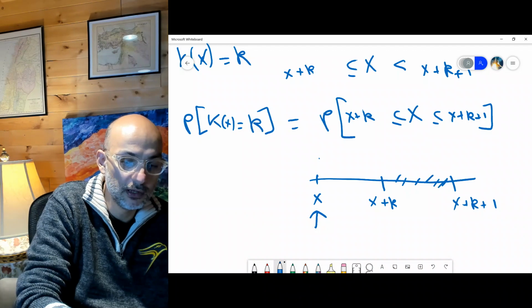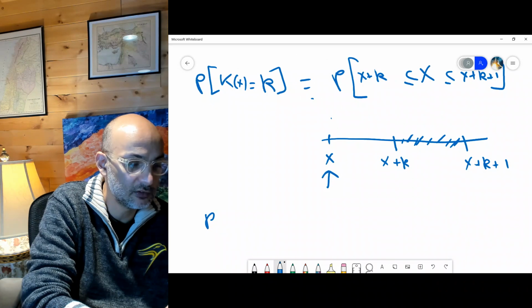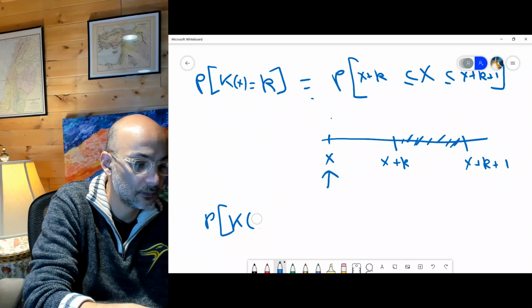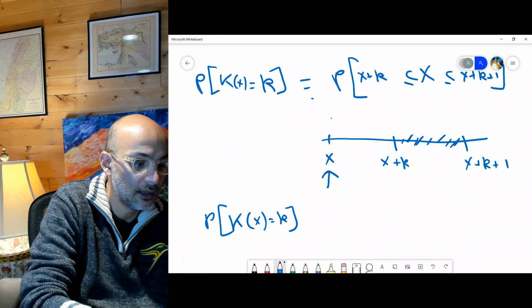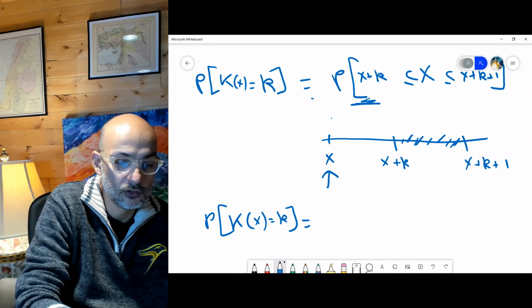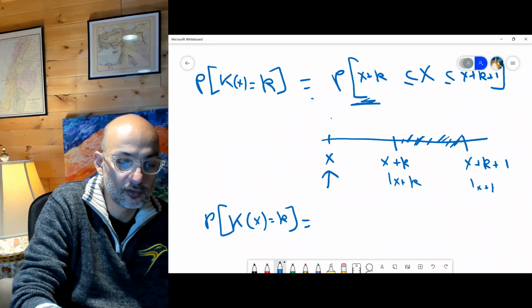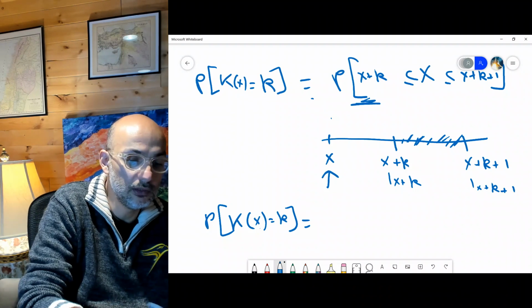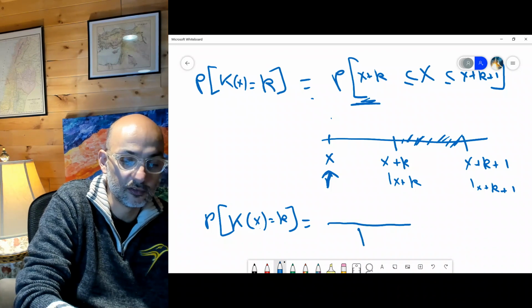This probability, P(K = k), can be written using l at x plus k and l at x plus k plus 1, and since we are evaluating at time x, we need to divide by lx.